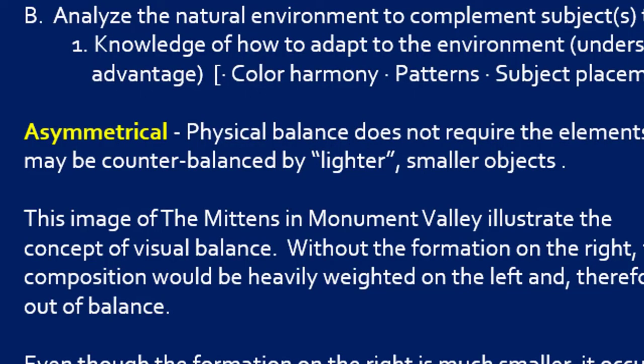Physical balance does not require the elements to be the same size, the same shape, or even symmetrical. Sometimes a heavy object may be counterbalanced by a lighter object, or a larger element may be counterbalanced by a smaller element. When this occurs, you're said to have asymmetrical balance.